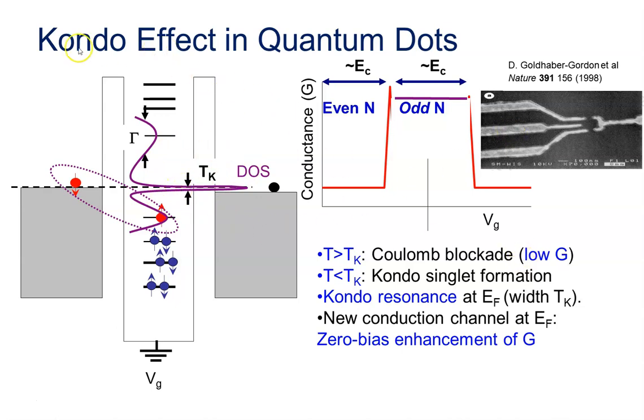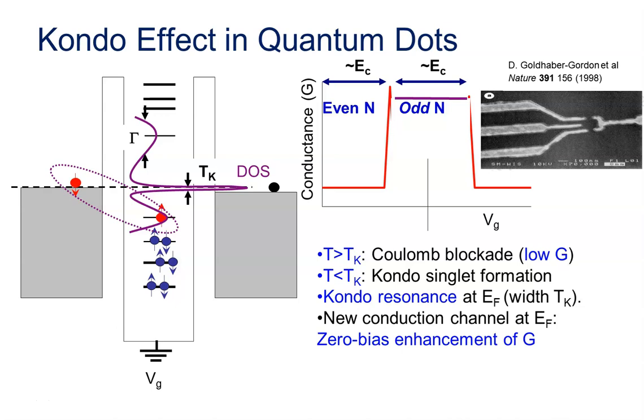And that's how you measure the Kondo effect in quantum dots. You see this increase in the conductance as you go to a temperature lower than the Kondo temperature. So you have this enhancement of the conductance, which we calculated in the previous class as well.